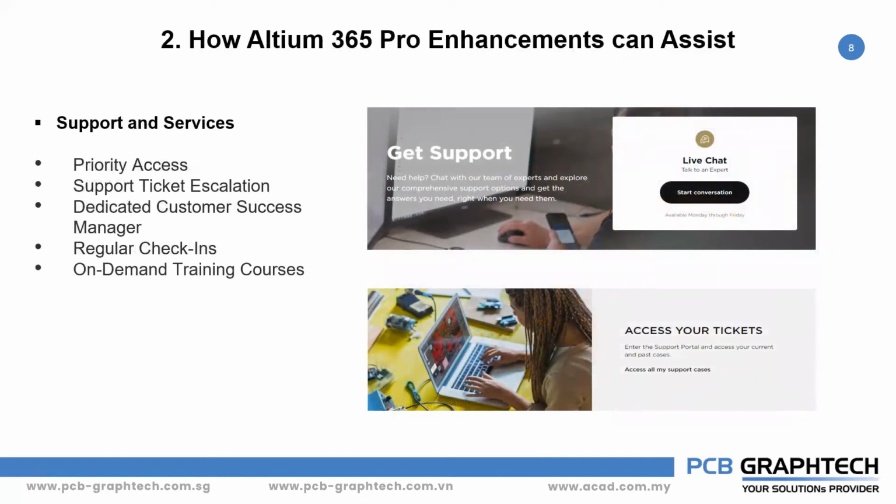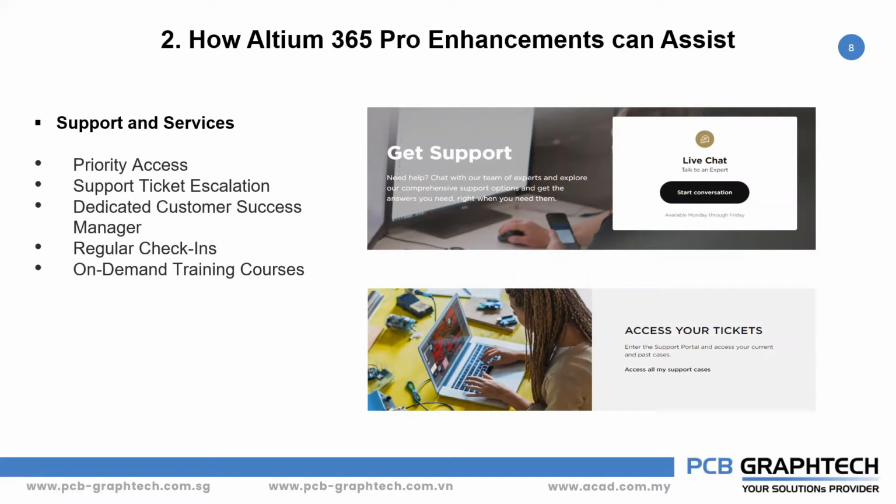Then next is about support and services. Those who have Altium 365 Pro will have high priority access. Meaning that once you require any support, you can go for the live chat. You can see this live chat on altium.com. When you go to the support center live chat, you can start your conversation, and based on your Altium 365 Pro you will be given the highest priority, so that they will escalate your cases.